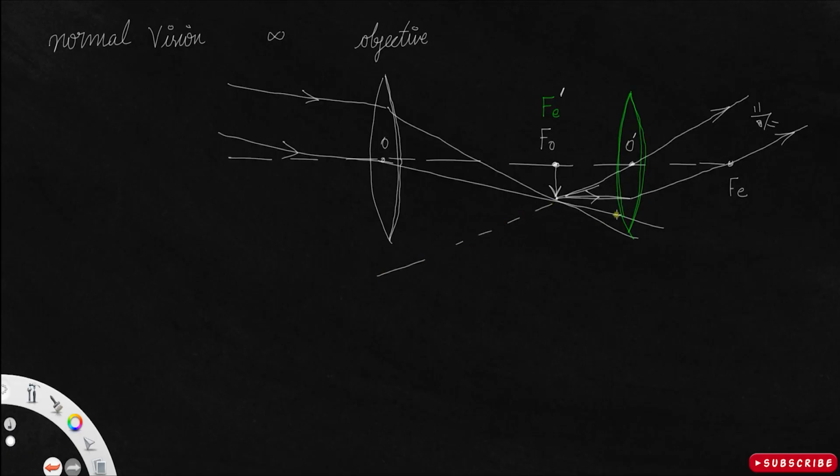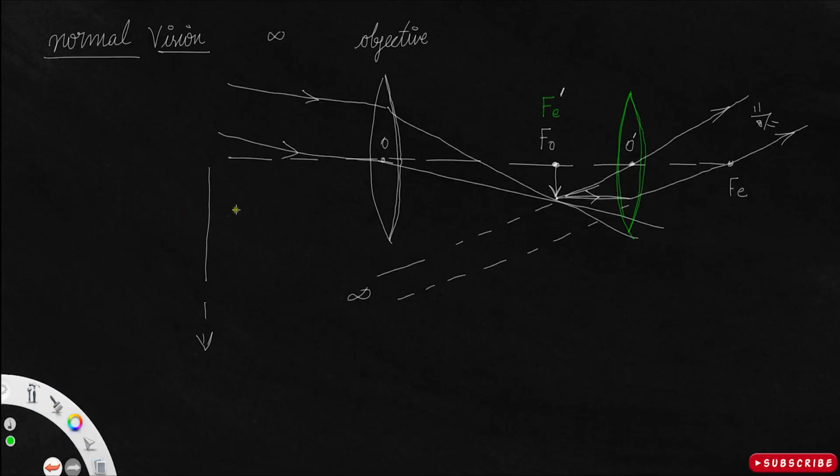So when I extrapolate it into this side, it will meet at infinity. So an image is formed at infinity. And this is called the normal vision, so that we get a relaxed view of the image. We get a highly magnified inverted, virtual image.